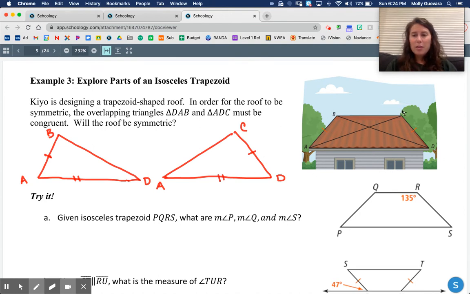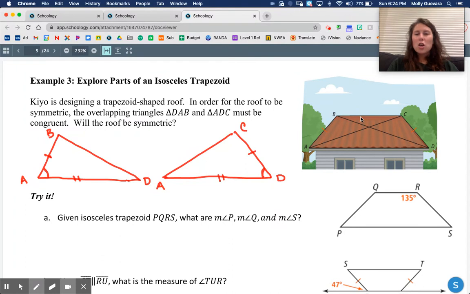And then the last thing that I know is the same in both of these triangles is, in this case, angle BAD, this angle right here, BAD, is the same angle that is in CDA, this guy right here.